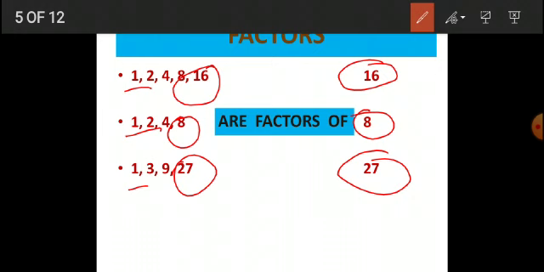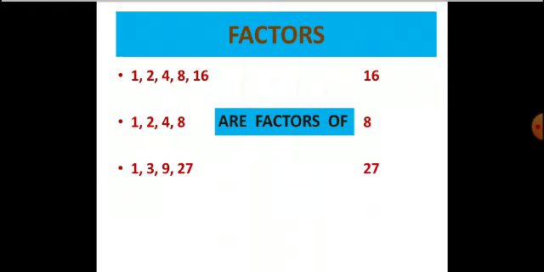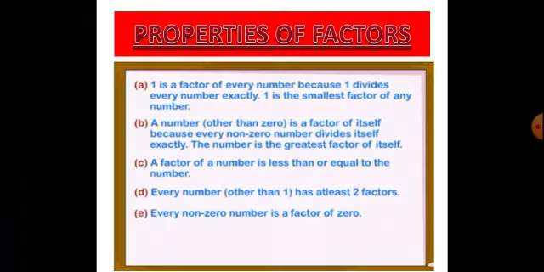And 1 is the smallest factor. So the first property says 1 is a factor of every number because 1 divides every number exactly, and 1 is the smallest factor of any number.